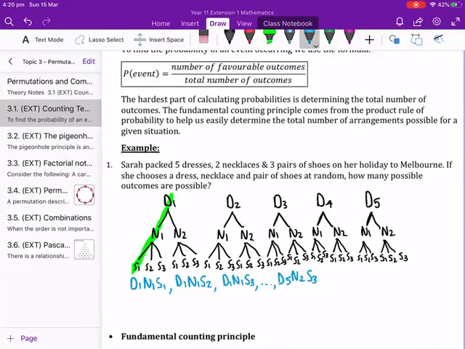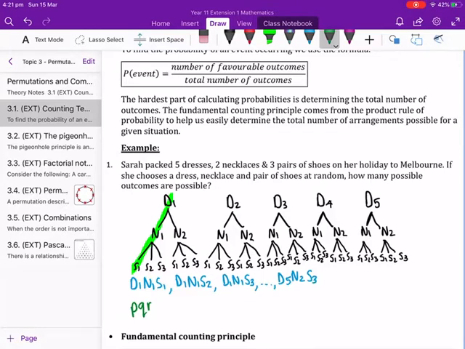Now, counting this way is very tedious when we can just use this rule: if one event can happen in P different ways, and another event can happen in Q different ways, and the next event can happen in R different ways, then the 3 successive events can happen in P times Q times R different ways.